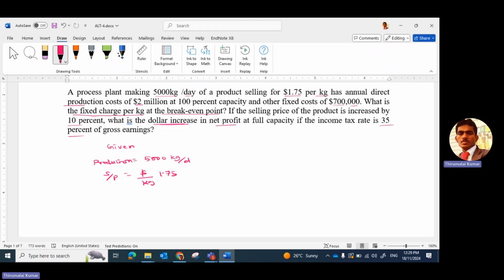The annual direct production cost is 2 million at 100% capacity. Another fixed cost is $700,000. Direct production cost $2 million at 100% capacity, other fixed cost $700,000.